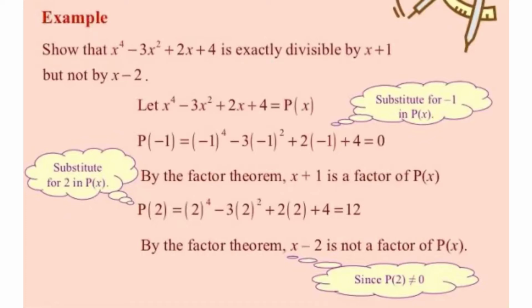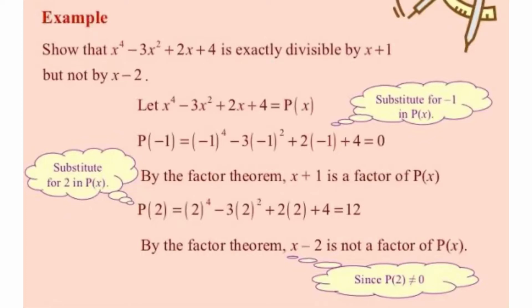So p of minus 1 is equal to minus 1 raised to 4 minus 3 into minus 1 whole square plus 2 into minus 1 plus 4, which is equal to 0. So since p of minus 1 is equal to 0, we can say that x plus 1 is a factor of given polynomial. Now next is we have to show that x minus 2 is not a factor of given polynomial.